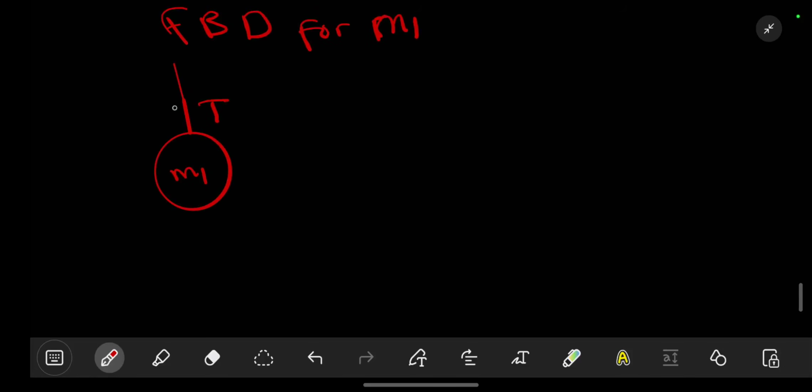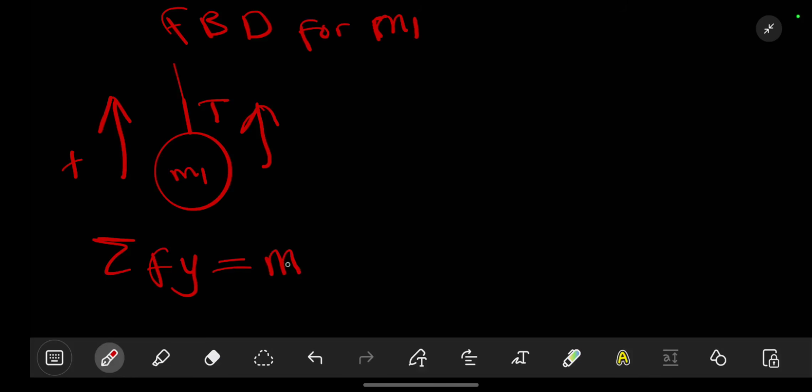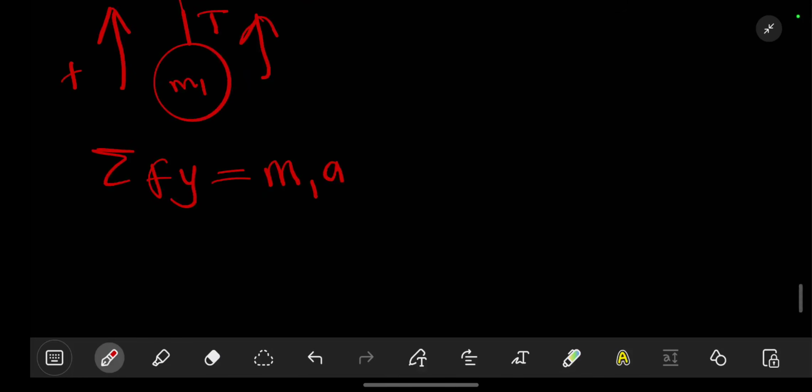For this equation, we take up to be positive, because that's where it's going. We use Newton's second law, the summation of forces in the y direction, since it's going up or down, is equal to M1 a.